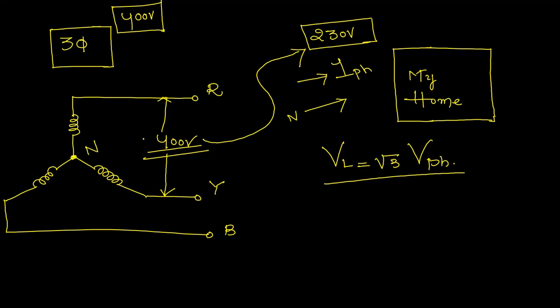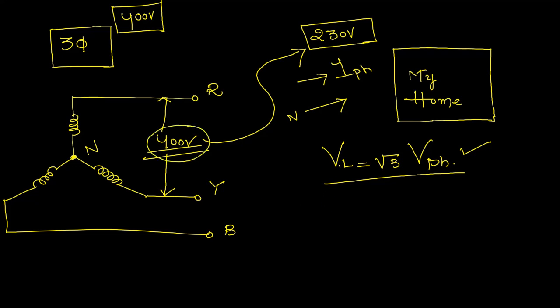Whenever we use the star connection, to get the value of phase voltage from this 3-phase system, you can directly use this formula. Line voltage is equal to root 3 times phase voltage, and we know the line voltage is 400 volts.